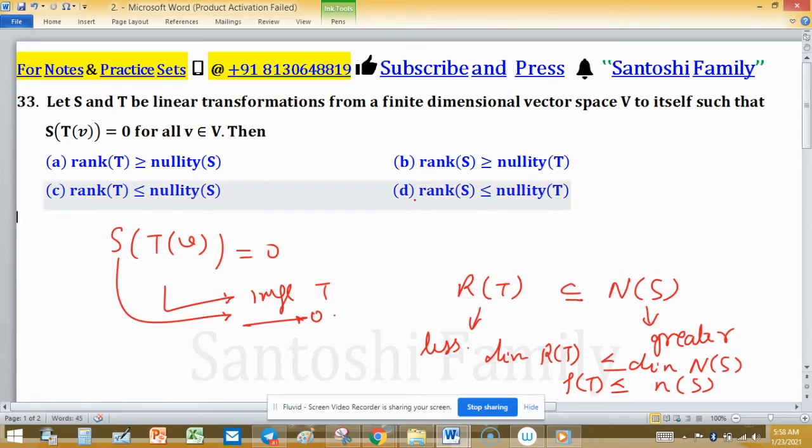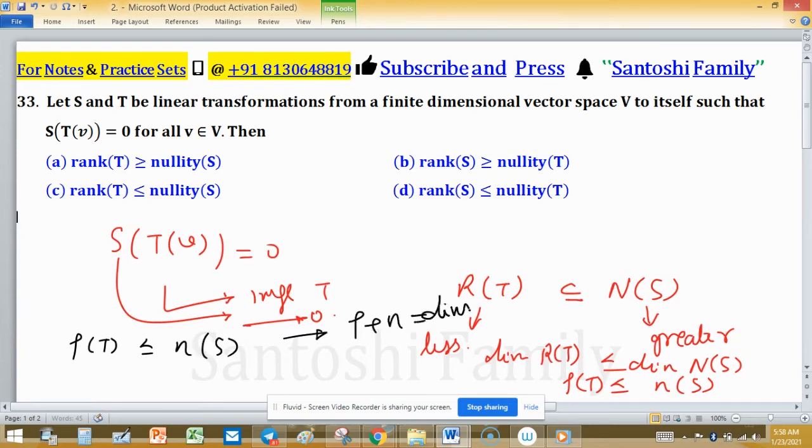Now come to the other option, rank S. As we already discussed, rank T is less than or equal to nullity of S, and we know rank plus nullity equals dimension of V. If one thing we know, then the other can be found by subtracting from dimension of V, either rank or nullity.